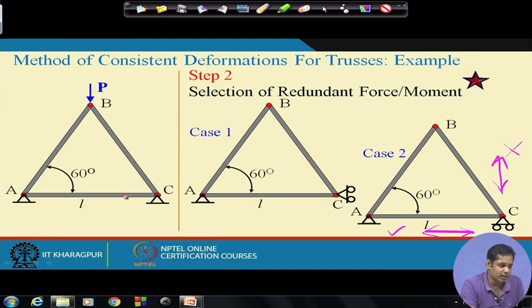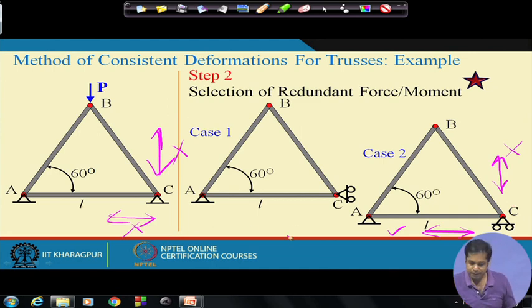In the original structure, the movement in both directions is restricted for C. This is restricted and this is also restricted, but in case 1 we allow this, and in case 2 we allow this and restrict the other one. Now, let us see. This is case 1 and case 2, and in both cases we really do not know which will be the possible case.